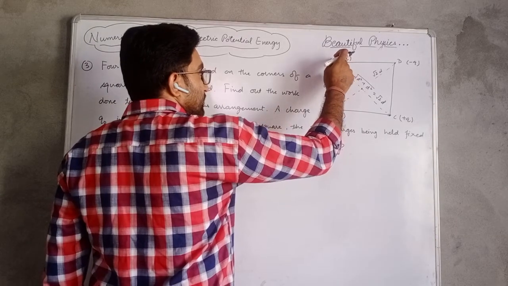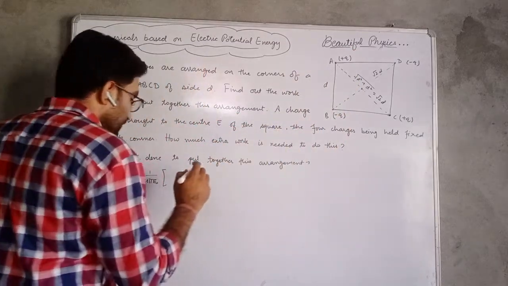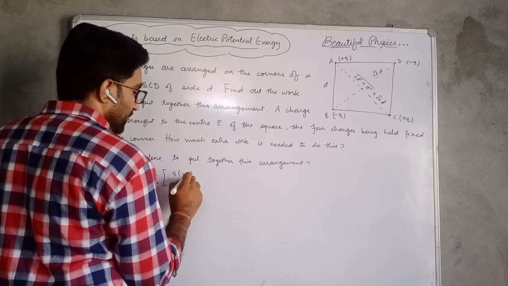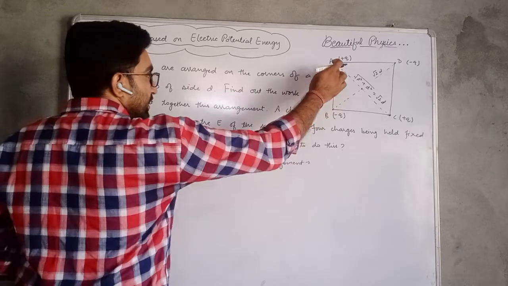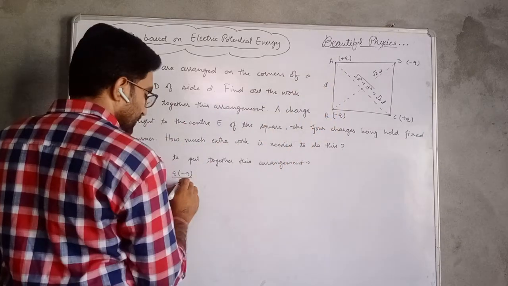the potential energy due to the charges at A and B, which will be equal to plus Q into minus Q divided by the distance, and distance between A and B will be d.